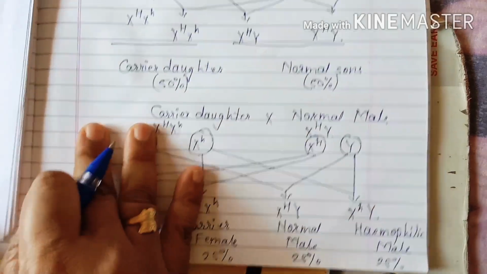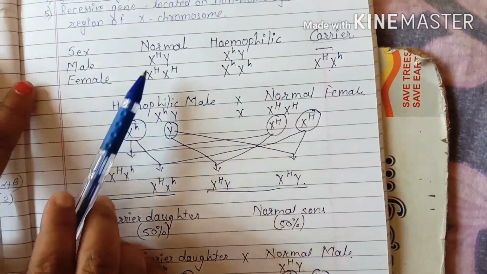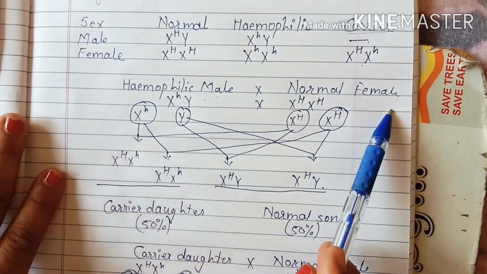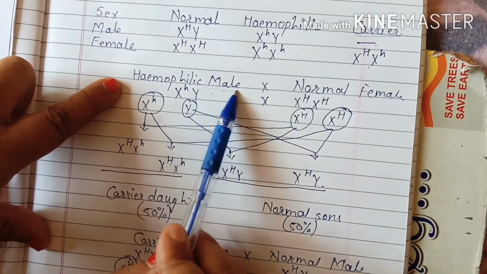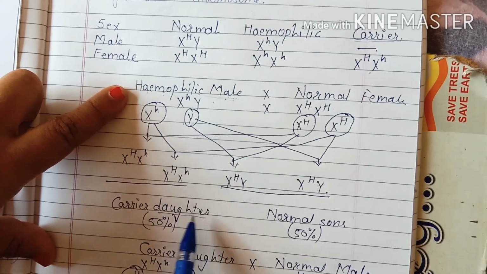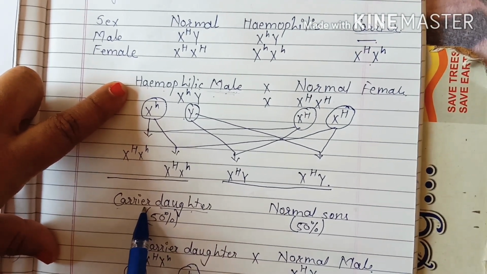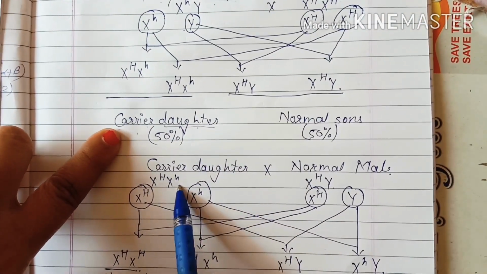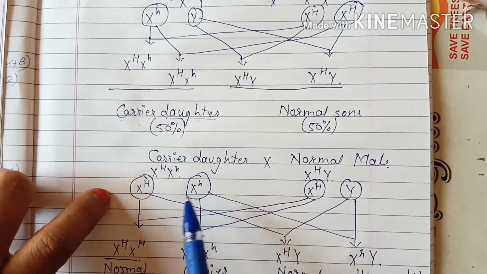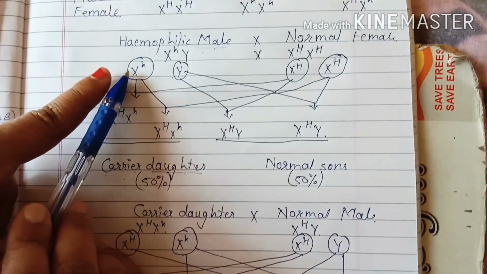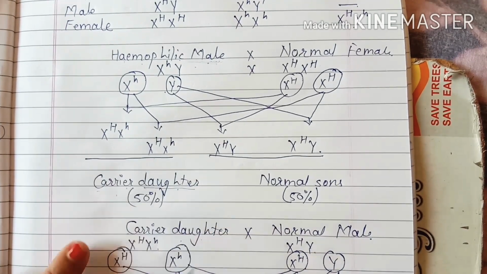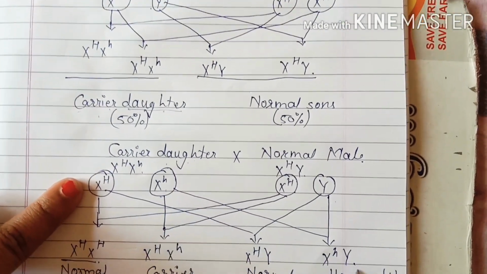Now, as we studied yesterday in color blindness also, here I crossed a hemophilic male with a normal female. The gene of the hemophilic male is inherited by the female, that is the daughter, who becomes a carrier. Then, after crossing the carrier daughter with a normal male, the recessive gene from the male goes to the female, and the recessive gene from the female goes to the male.